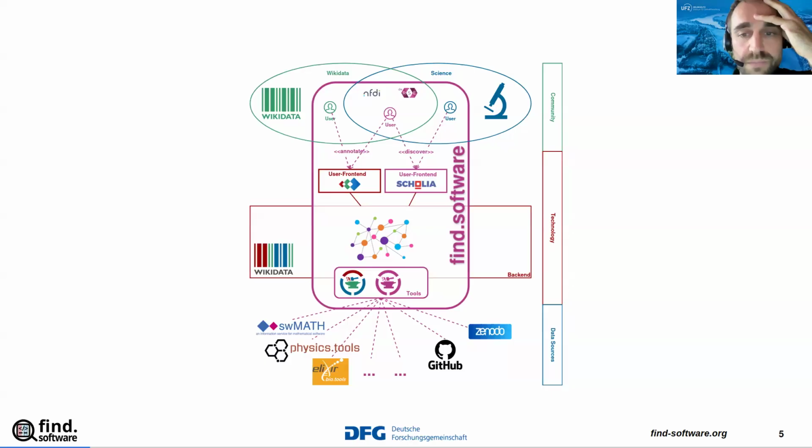As I mentioned, we are based on Wikidata and Wikibase and Scholia and all the tooling around it. And community-wise, we're aiming at both the Wikidata and also the science community. For my presentation today, I will not stress Find Software further.